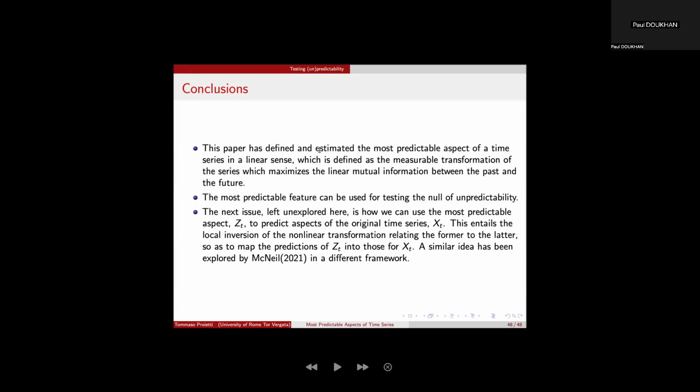It is the paper by McNeil on the V transform, which has a similar idea of inverting the V transform, in this case to get a measure of value at risk or expected shortfall for the process. So I think I'm done, Paul.